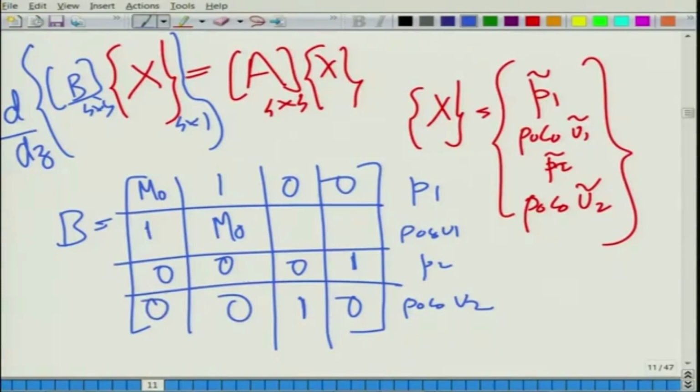Clearly, when you have m naught to be 0, then you get back your familiar equations. When m naught is non-zero, of course, it needs to be there, but in case it is 0, we get 0 times p1. So, there will be no contributions; the only thing that will be there is 1 times rho naught c naught u1 here, and then your p1, and this is also 0 0.